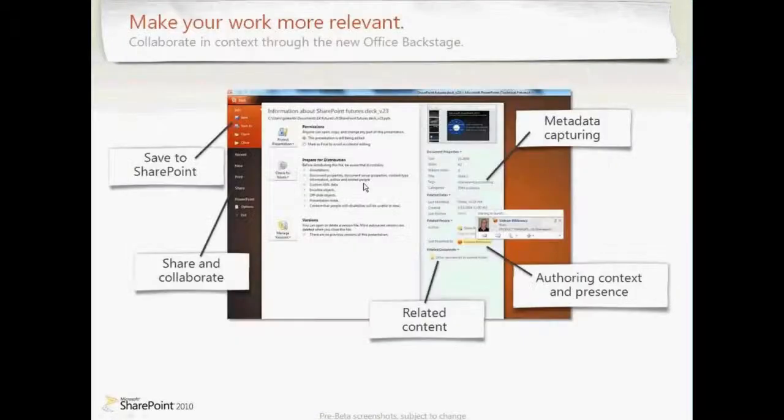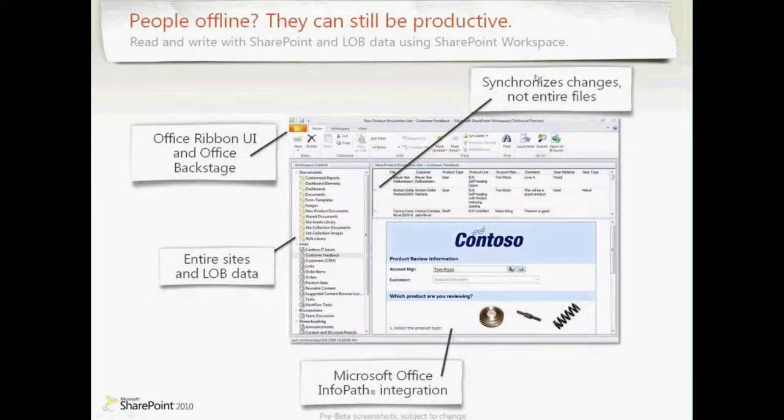Okay? So that facility to capture metadata such as project number and so on, and directly from the Office application save into SharePoint gives me fairly rich collaboration capability. As I was mentioning, you have this SharePoint Workspace. If people tend to spend some time offline, they can take that content with them. SharePoint Workspace can synchronize content from SharePoint so that it's represented on the local machine.